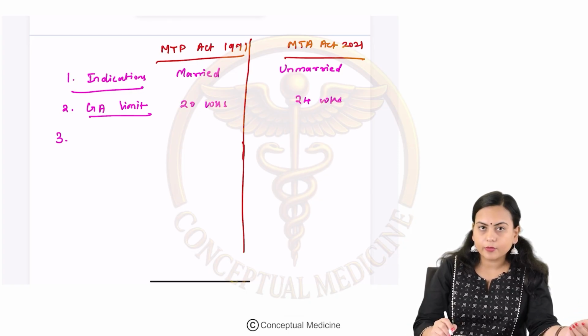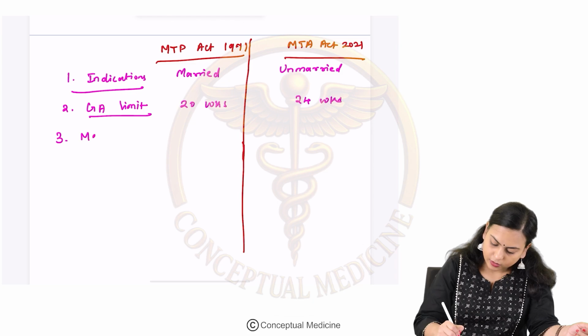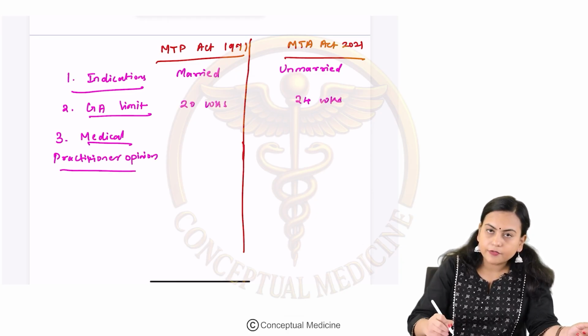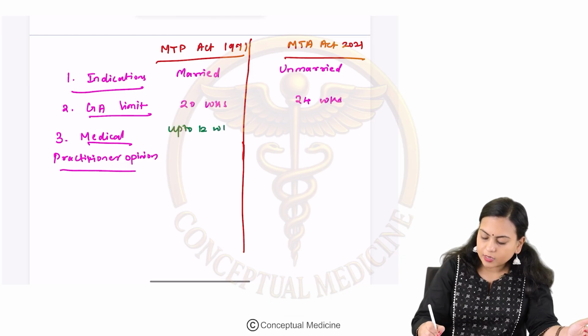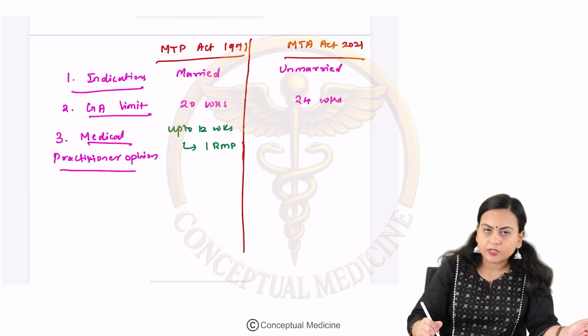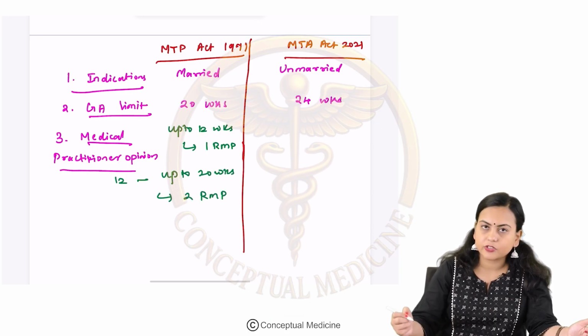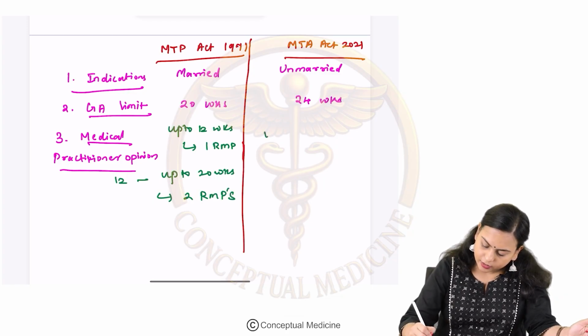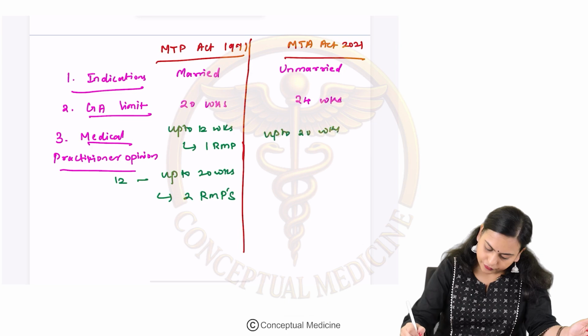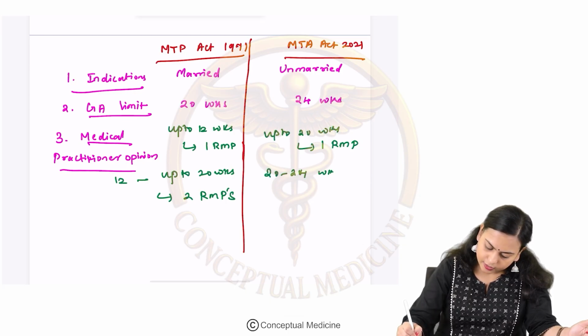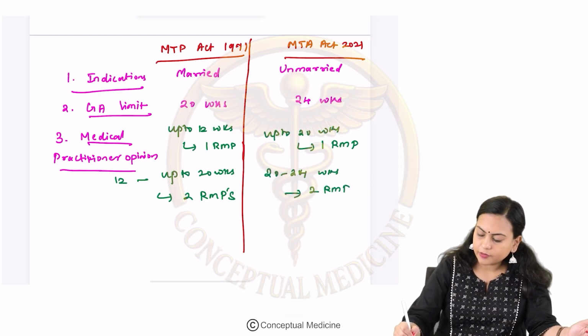Now, regarding the opinion from registered medical practitioners. Previously, up to 12 weeks, an opinion from one RMP was required, and from 12 weeks up to 20 weeks, opinions from 2 registered medical practitioners were needed. Whereas now, up to 20 weeks, 1 registered medical practitioner, and from 20 to 24 weeks, 2 registered medical practitioners.